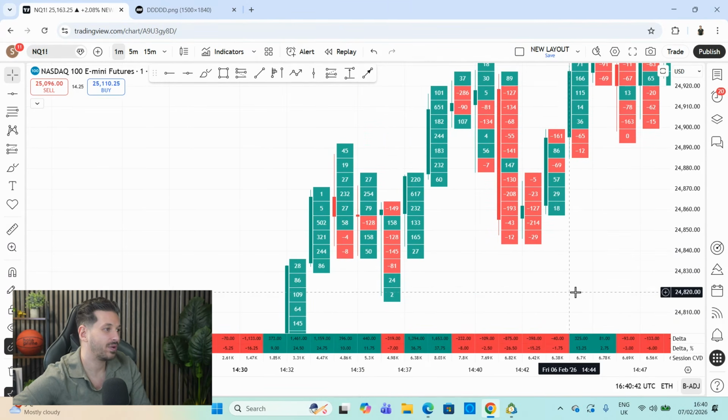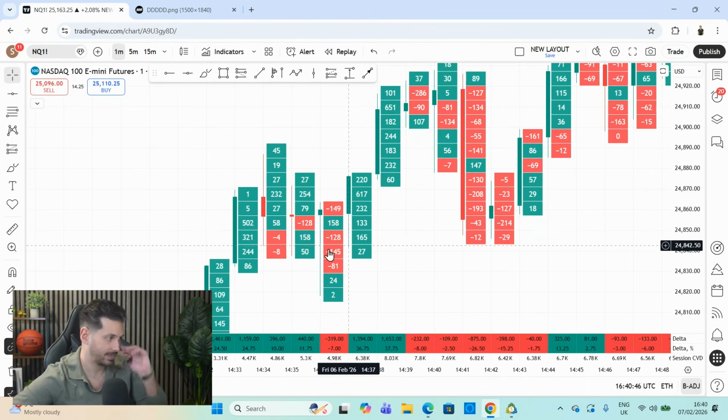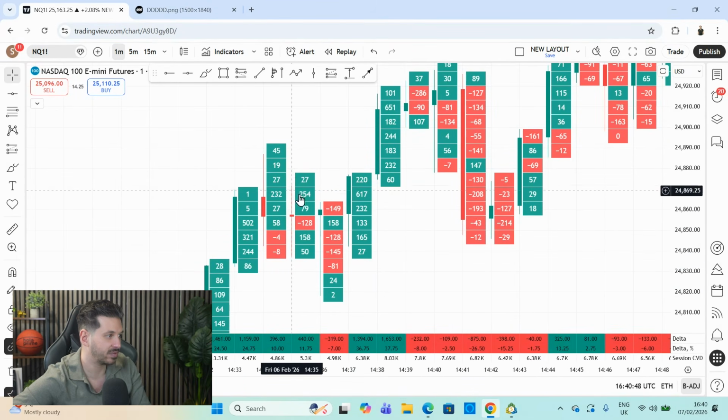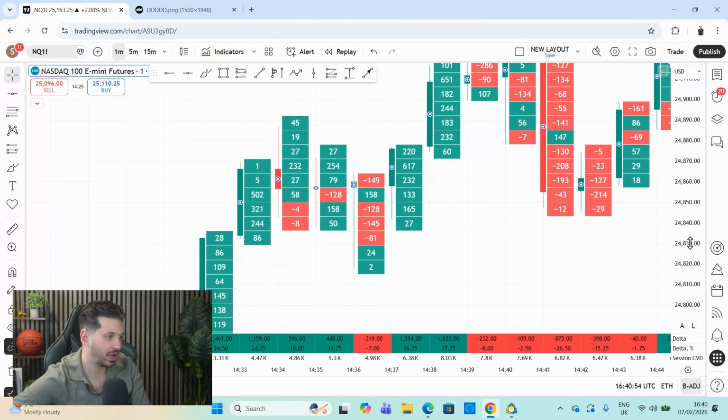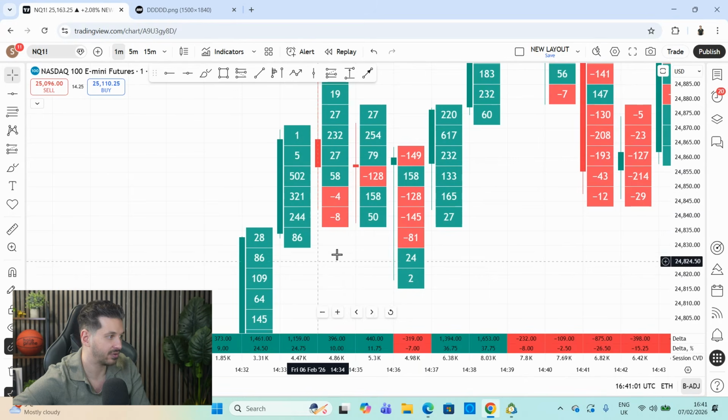Now, what can we see as well when you look at the distribution of volume here? We had a bit of sideways movement, so there's going to be a lot of people exiting as well. You see how, for example, this 145 just peaks? We get this little drop in red volume as we go down.